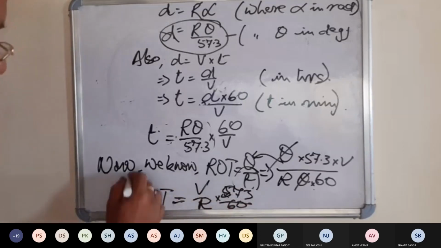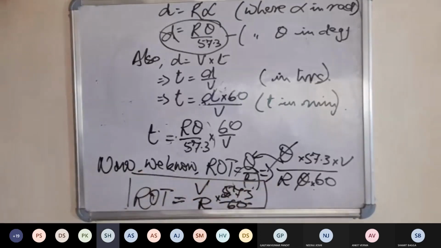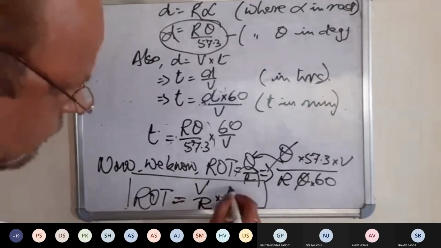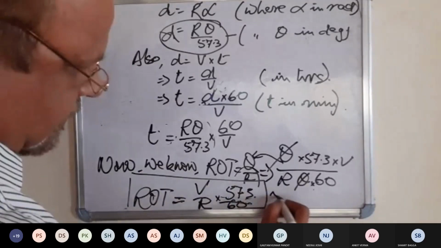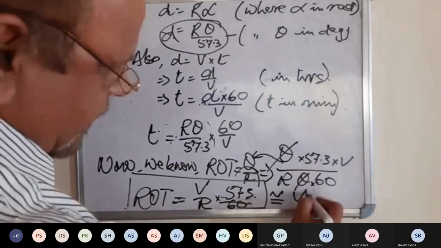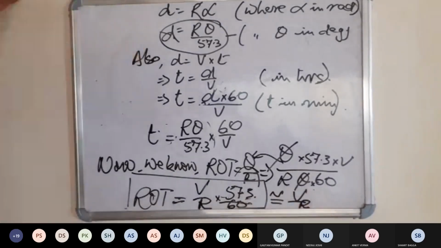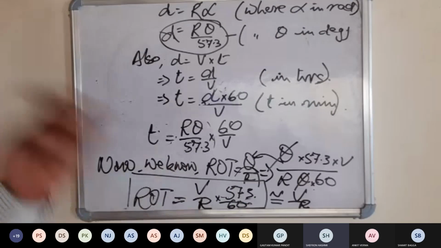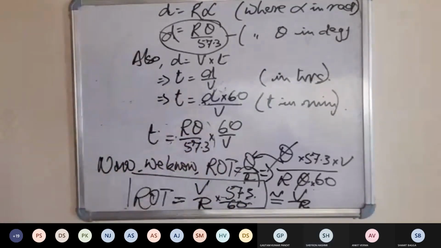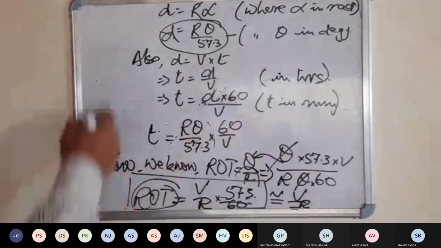Is that okay or not? यस सर। This is very much approximately equal to V by R. Correct? 57.3 by 60 is how much? 0.955. So almost equal to 1. Yes, sir. So what we have, ROT is equal to V by R.